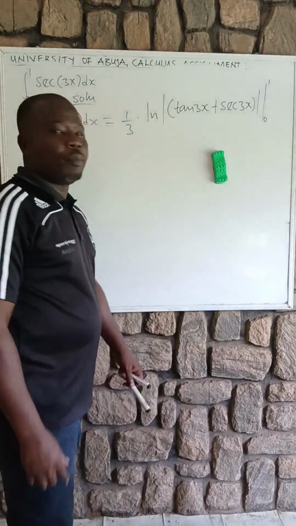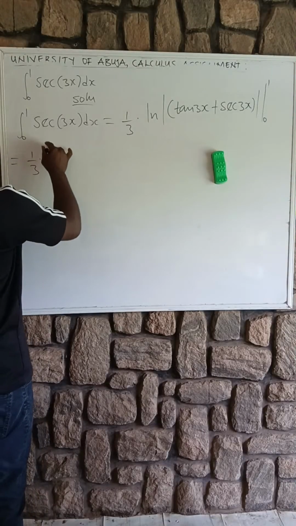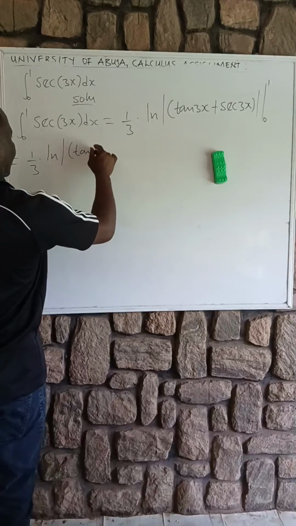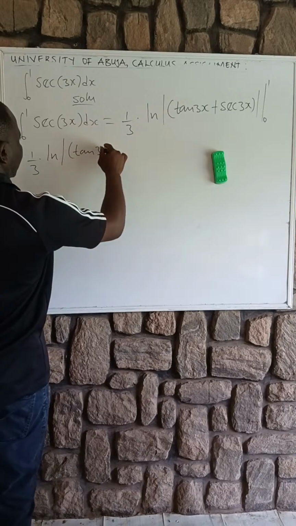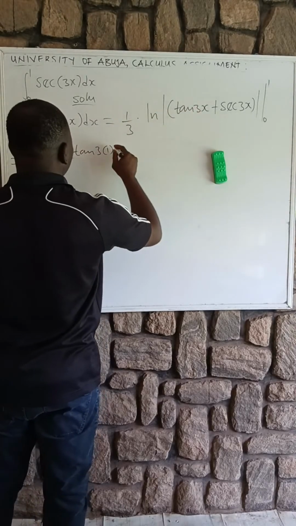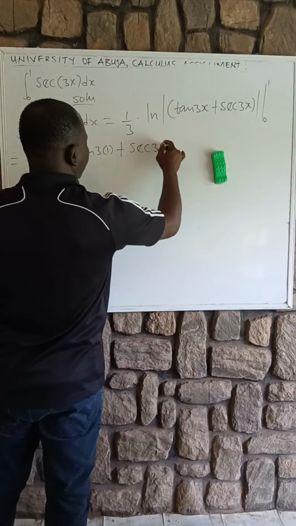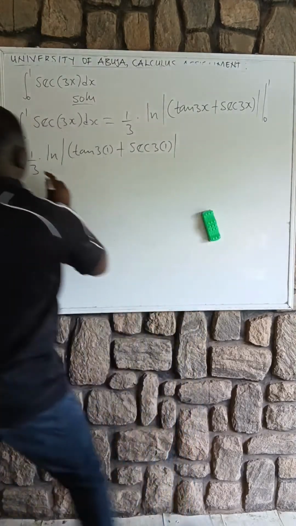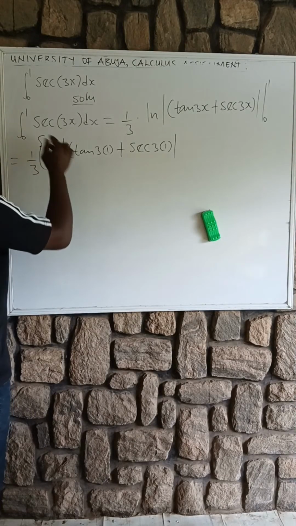So here we now have 1 over 3 times ln of tan 3 open bracket 1, because anywhere you see x, you write 1, then plus sec 3 open bracket 1. Since 1 over 3 is common, let's do it this way.